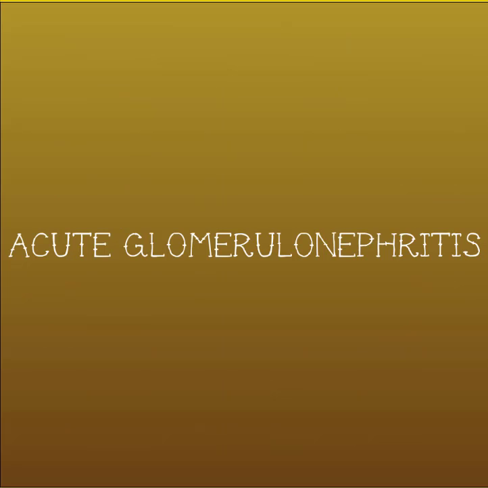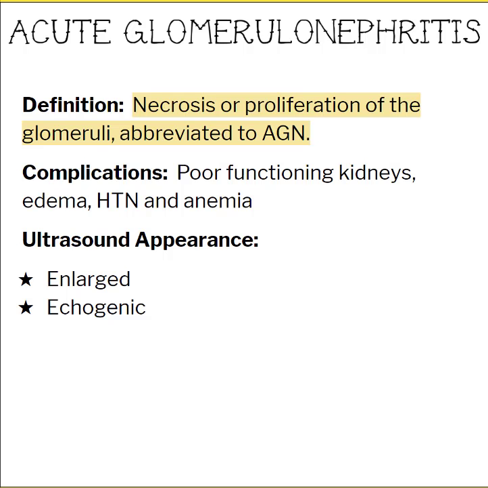Starting with acute glomerulonephritis, commonly abbreviated to AGN, it is the necrosis or the proliferation of the glomeruli in the kidney. If you recall back to the microscopic anatomy of the kidney, we learned that the glomeruli is home to the area that is going to let some of the blood cells in, and then let them back out, and it sucks out some of the substrate, which is then going to be moving through the tubules and getting added back to the blood, or some more is removed.